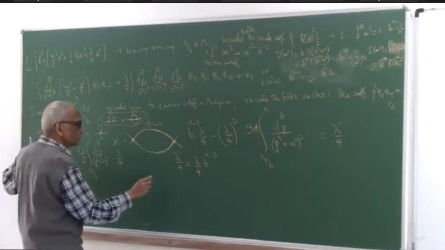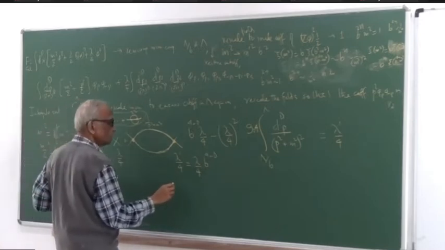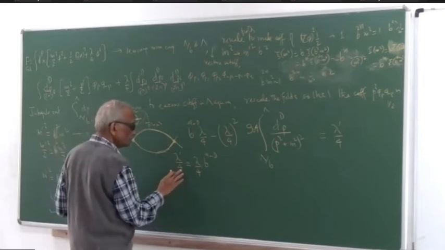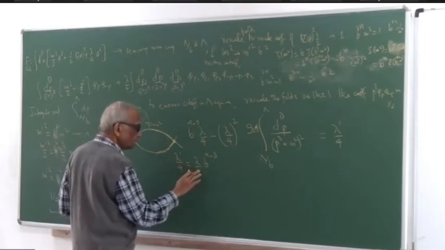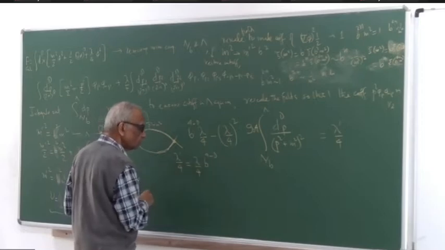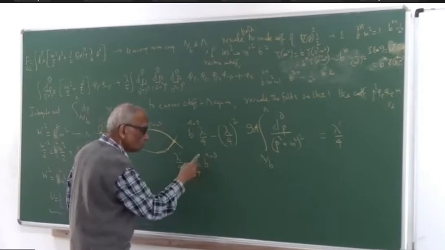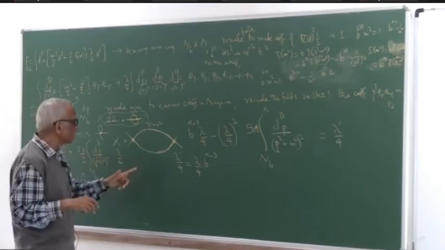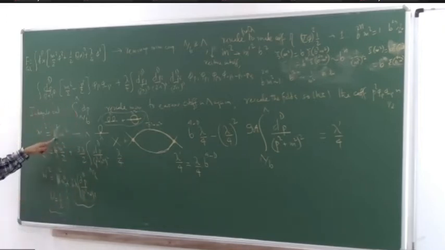So m prime square is b square m square, and this is lambda prime equal to lambda times b to the power 4 minus d. So long as d is less than 4, the lambda prime grows. Lambda prime is bigger.